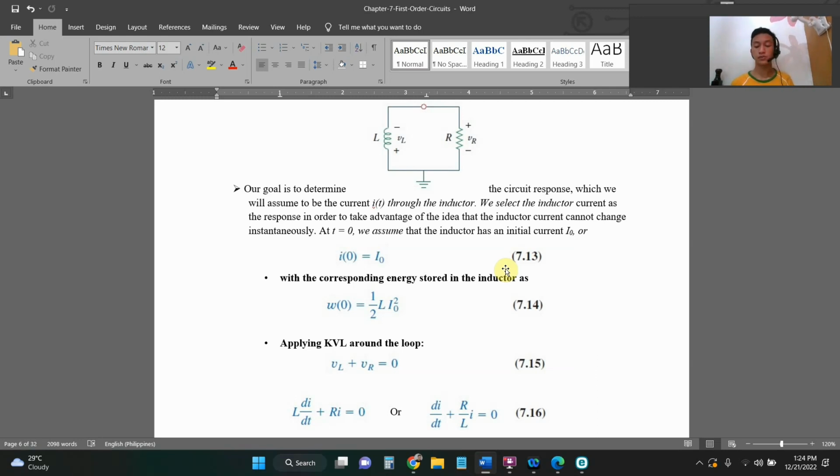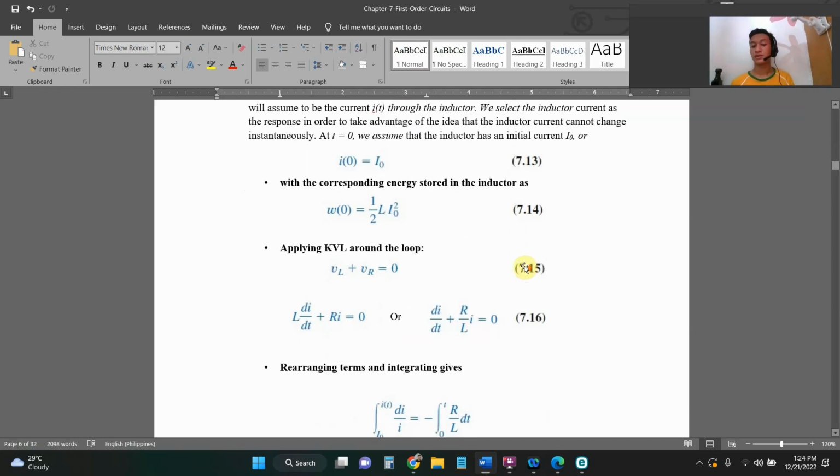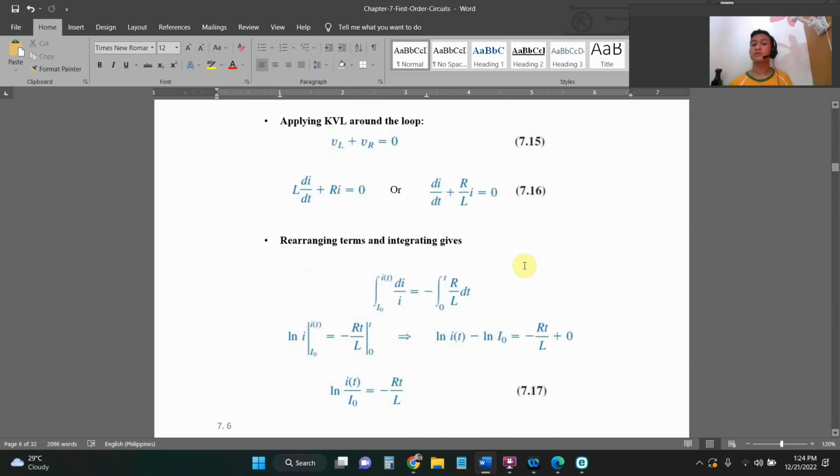If we divide by L, we have di/dt plus R over L multiplied by i equals 0. Rearranging the terms and integrating, we get the integral from I sub 0 to i(t) of di over i equals negative the integral from 0 to t of R over L dt.